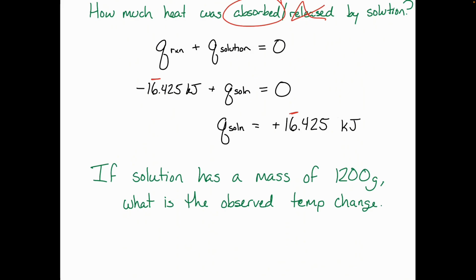We're talking about heat. We're talking about temperature change. What equation are we going to need to use? We're rewinding all the way back to that discussion of calorimetry, right? So now we're going to use our Q equals HC times M times delta T.